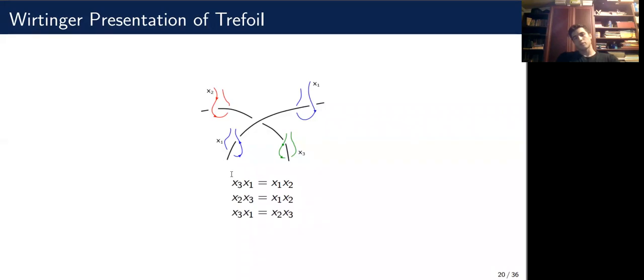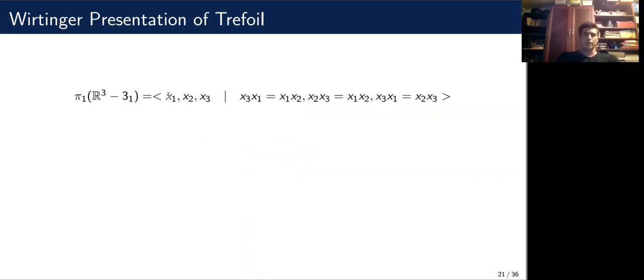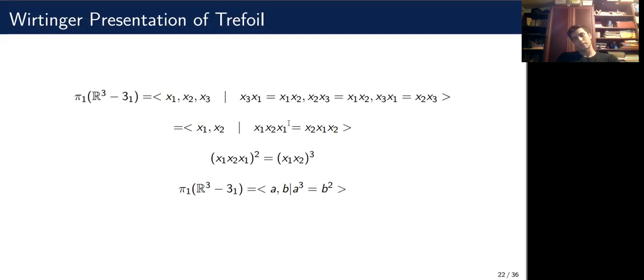So we can write the fundamental group of the complement of the trefoil as follows. There are 3 generators, and there are 3 relations. Using this relation, first I express x3 in terms of x1 and x2, and then the group would look like this. There are 2 generators and 1 relation, and you can see that the square of the left-hand side can be written as x1, x2, x1, x2, x1, x2.